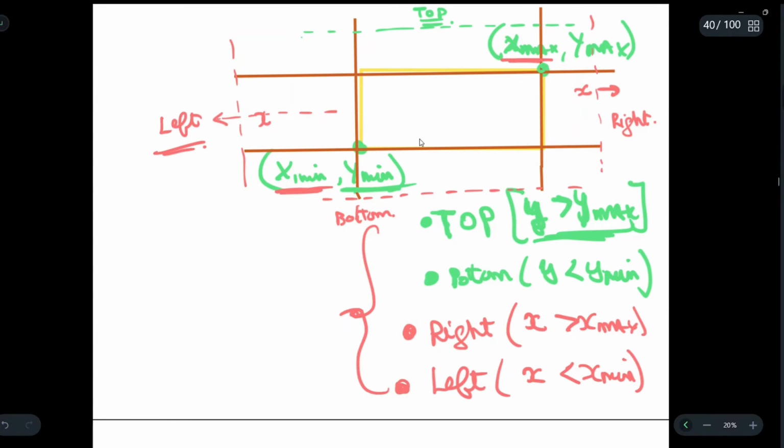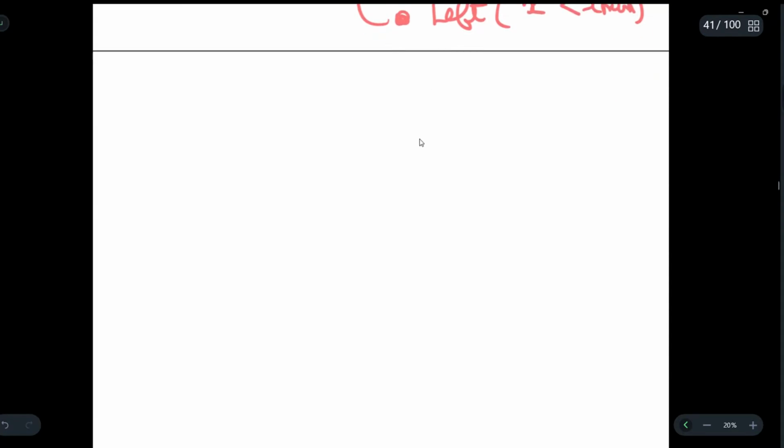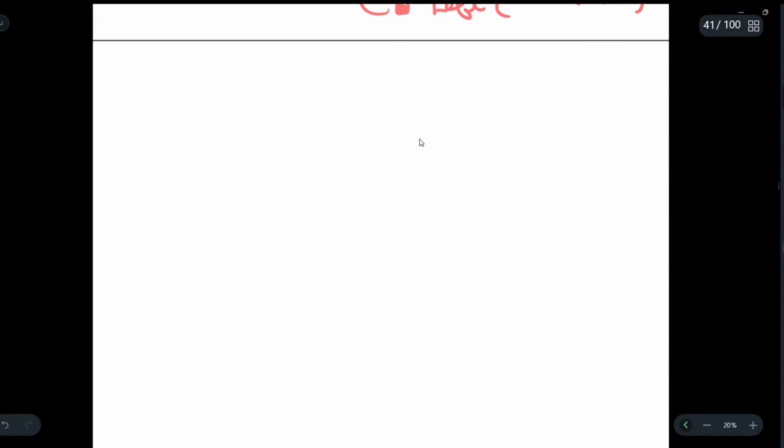Now let us see an example in which we will be able to understand the different criteria or the different lines that we can see in different types of questions. First of all, let us draw the diagram. These are the lines that we have.